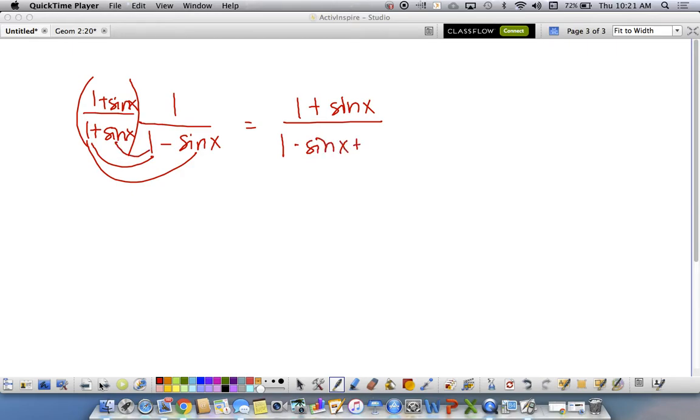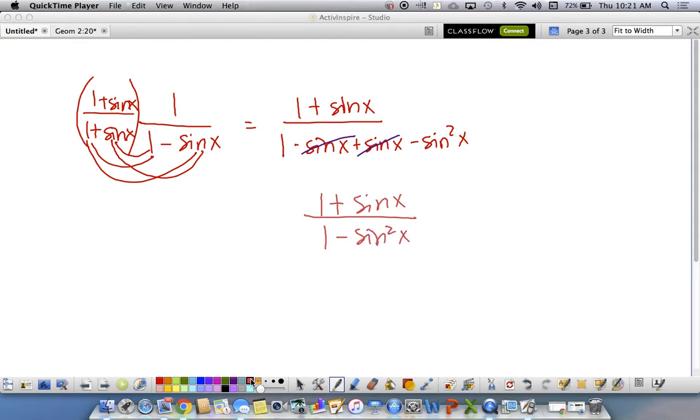Inside, I have a plus sine x. And then the last, negative sine squared. Does anything in the denominator cancel? Yeah. Negative sine and a positive sine, what are we left with? 1 minus sine squared x. We have 1 plus sine x over 1 minus sine squared x.